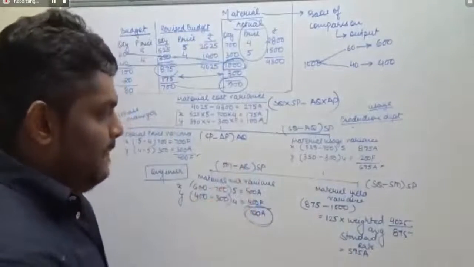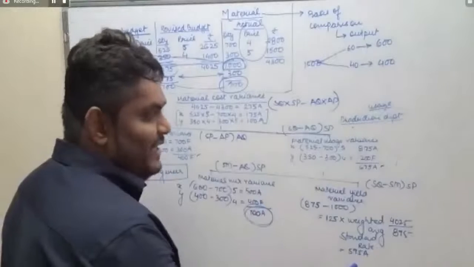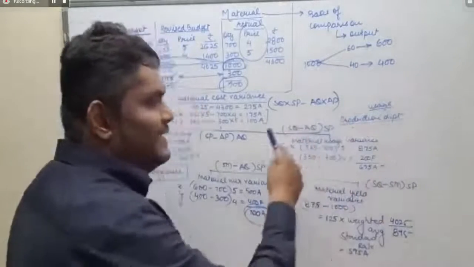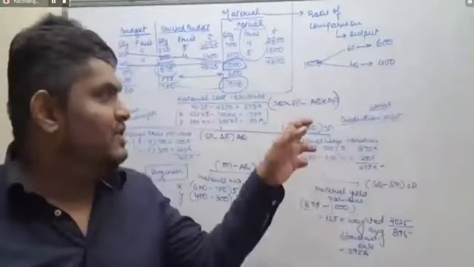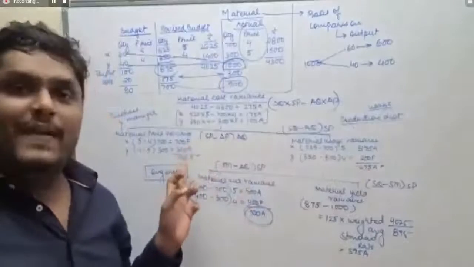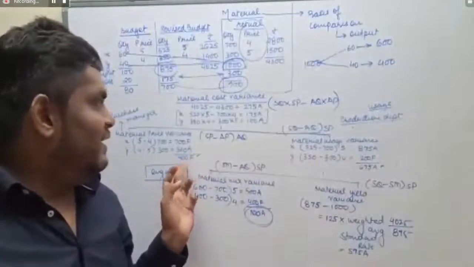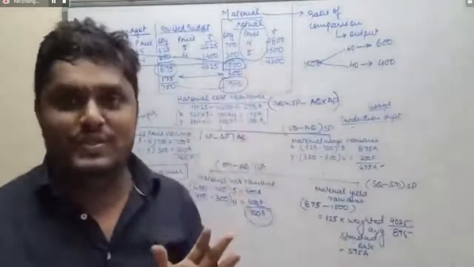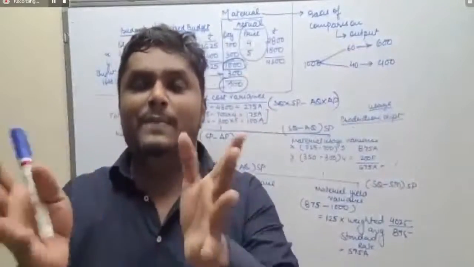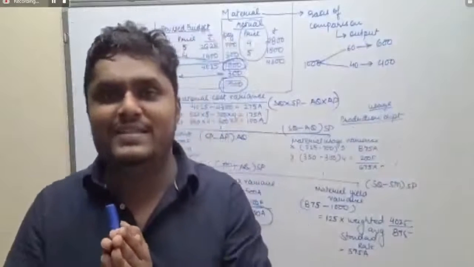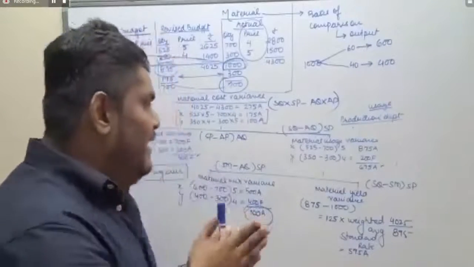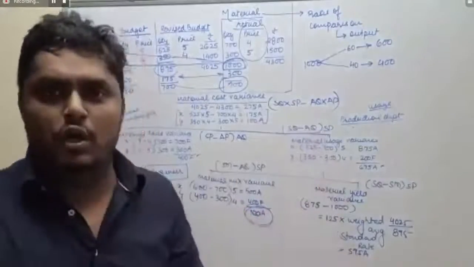Now see, 100 adverse, 575 adverse, total is 675 adverse. So the total loss that is contributed by the production department is 675, wherein the purchase manager has made a profit of 400. So that's why the overall loss is 275. Now he is out with the total picture. Now he can present it to me that, sir, yes, I understand there is a loss of 275 overall in my department, and so person has contributed.